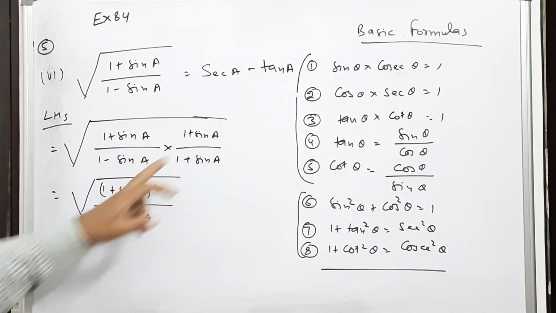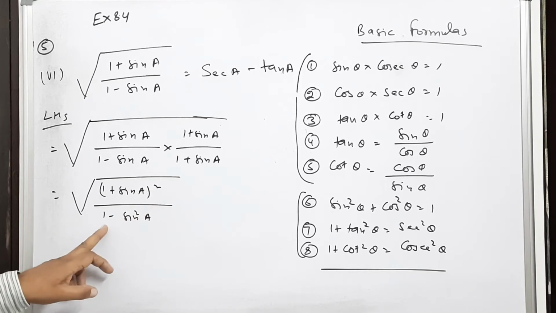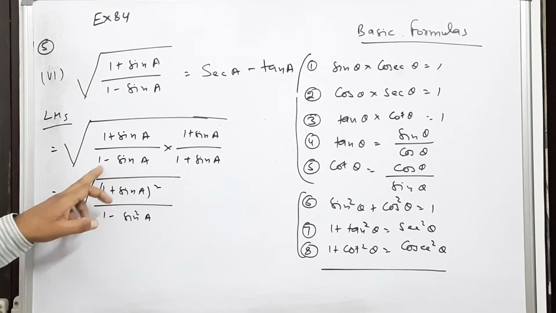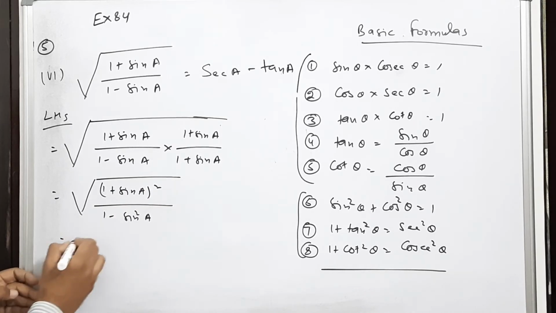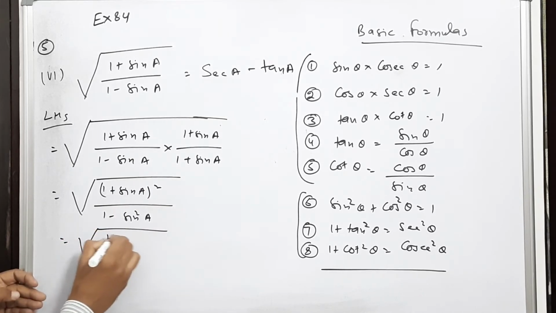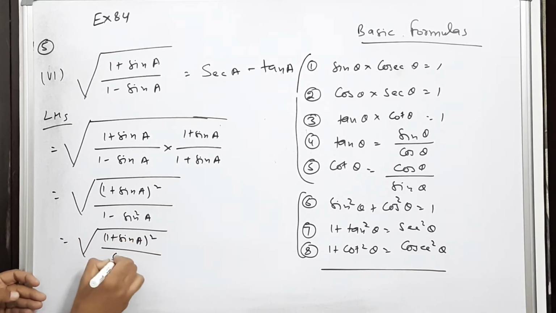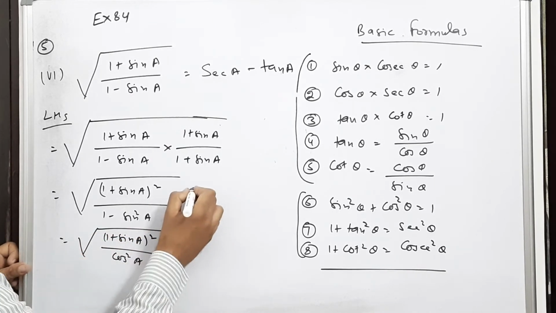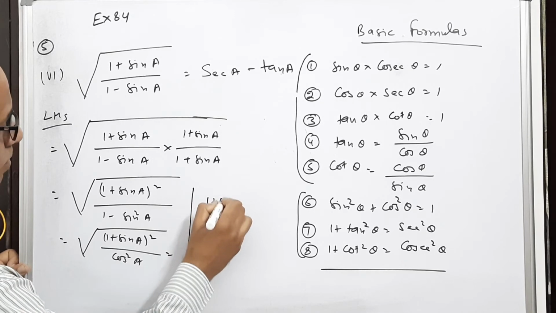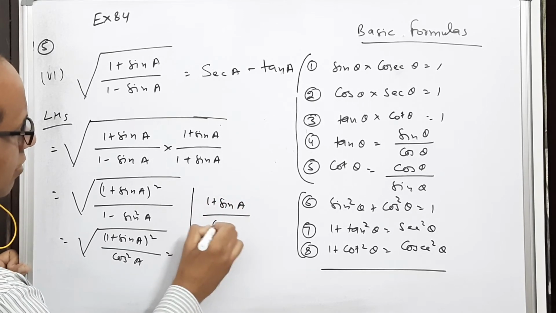It is a plus b, so a plus b whole square, and here it is a minus b and a plus b, so the a square minus b square formula. So the next part is 1 plus sin A whole square upon cos square A. Now you can understand this square, square and root. So the next part will be 1 plus sin A upon cos A.